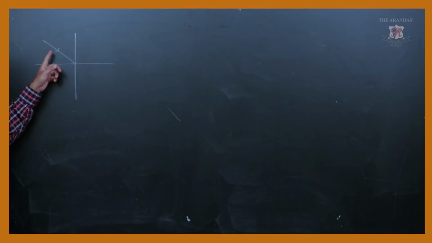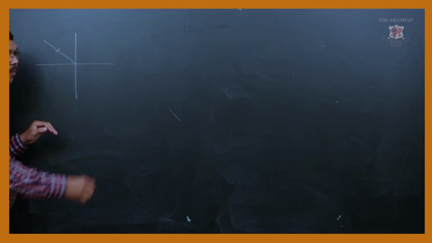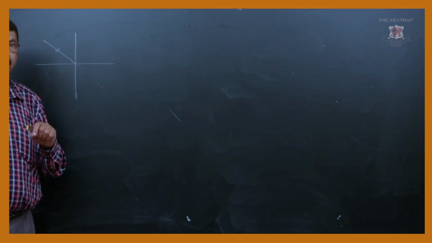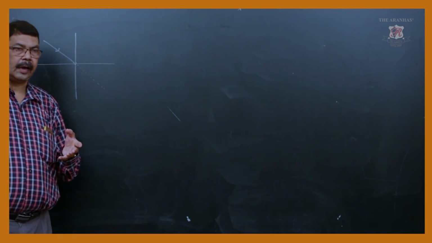When it enters from one transparent medium into another, generally we assume the light travels in a straight line, because light is an electromagnetic wave. It has to travel in a straight line. It is not deflected by electric or magnetic field.